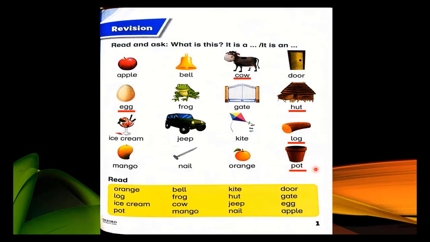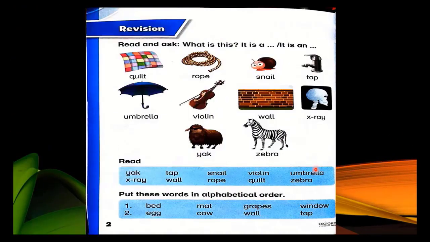Now turn the page. Open page number 2. Just like previous one, you are going to find out 3-letter words and underline them. Is it a 3-letter word? No. Is it? No. Is it? No. Is it? Yes.